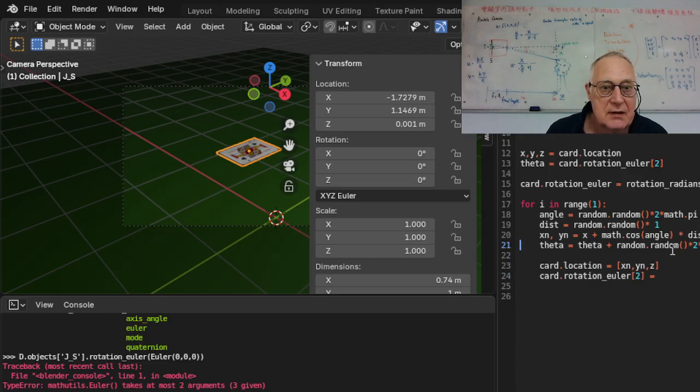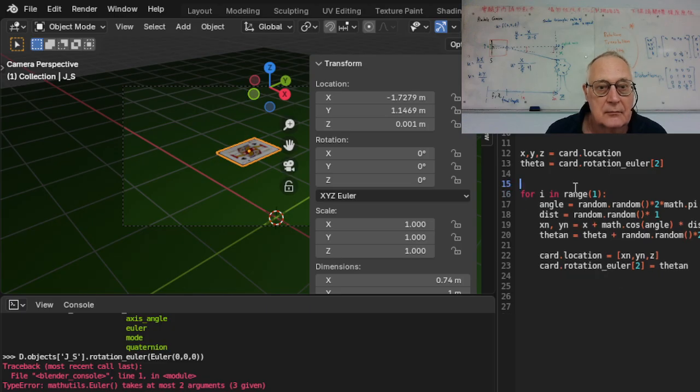This would be theta n. And now my card flips around the table.